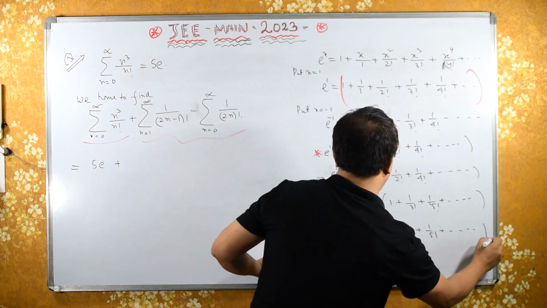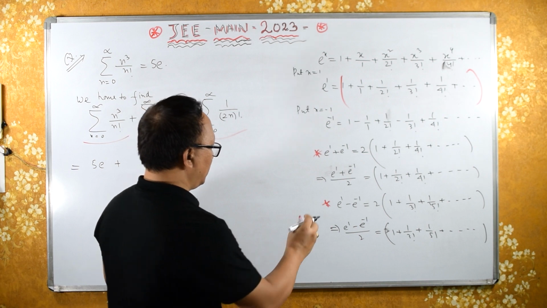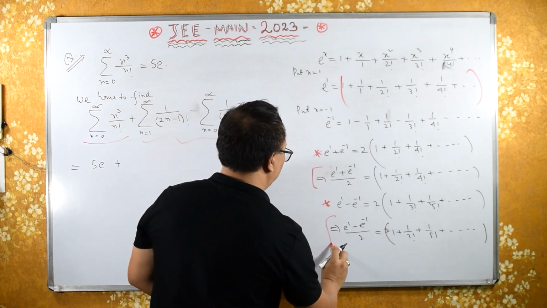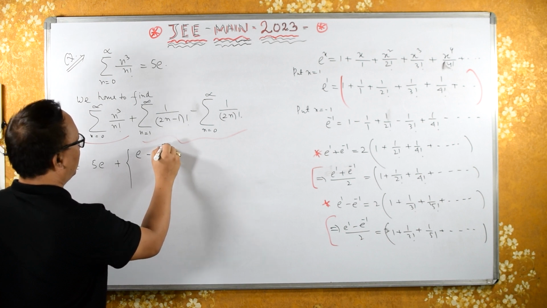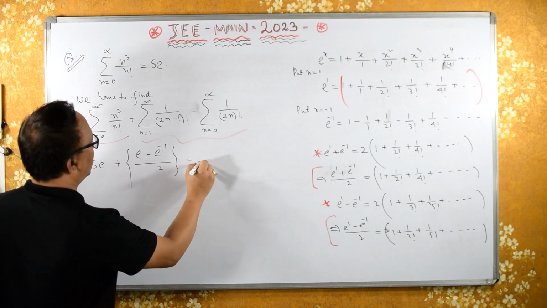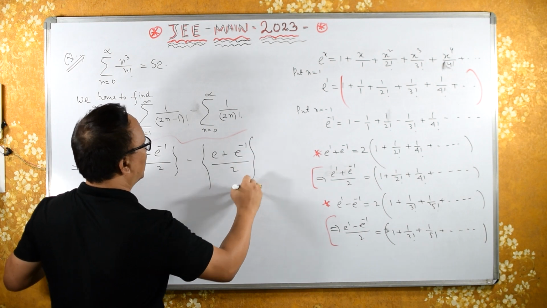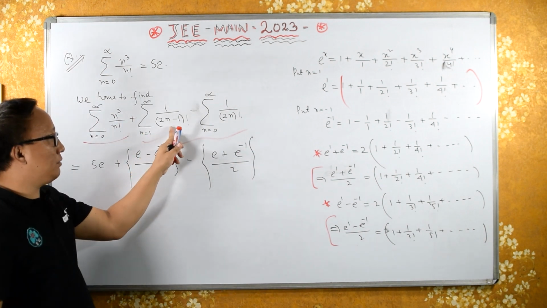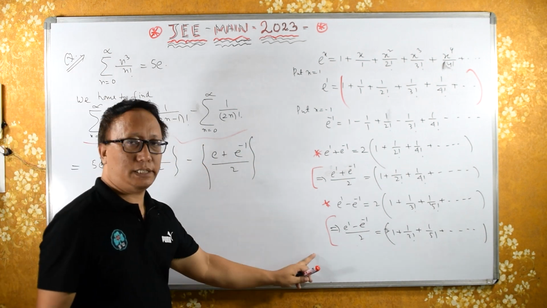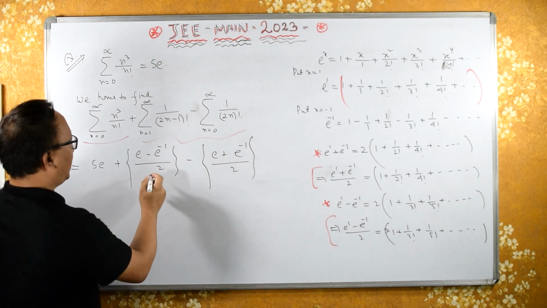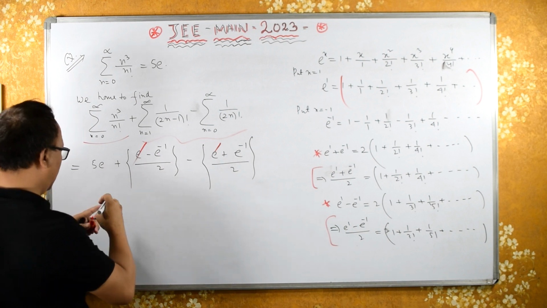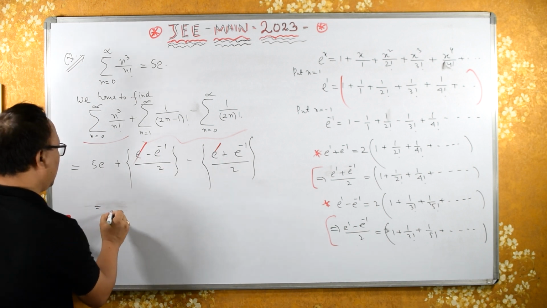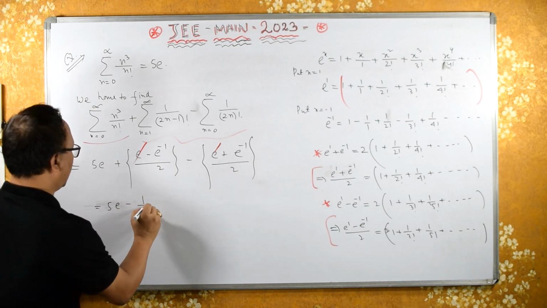Now this and this you will effectively use: e minus e upon 2 minus here e upon 2. Now if I solve this, e will get cancelled, and this is equal to 5e minus 1 by e.